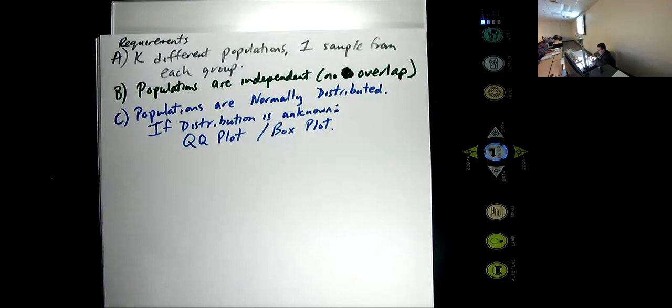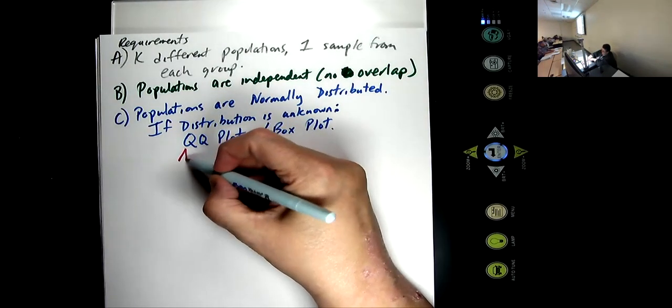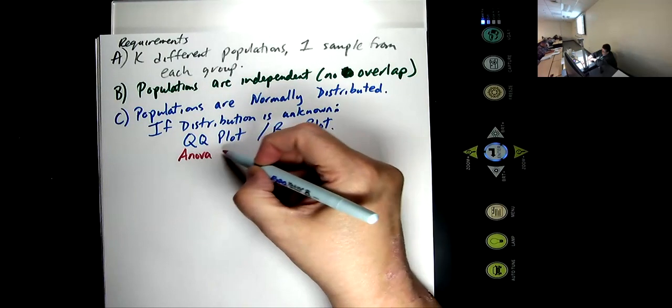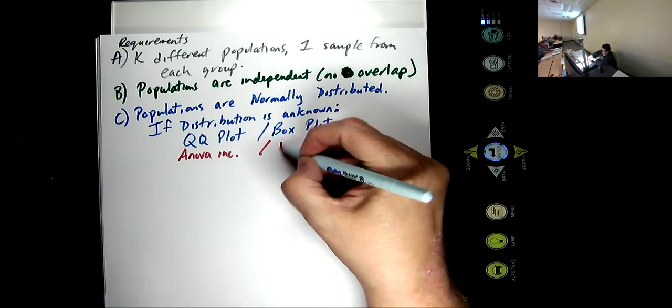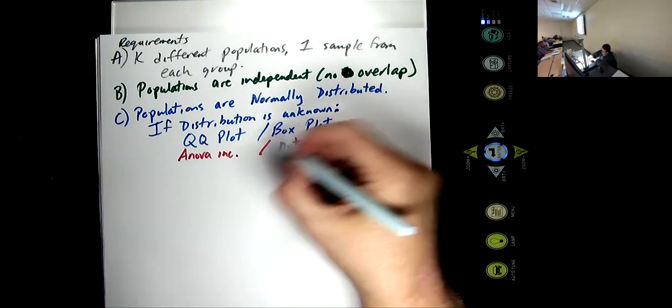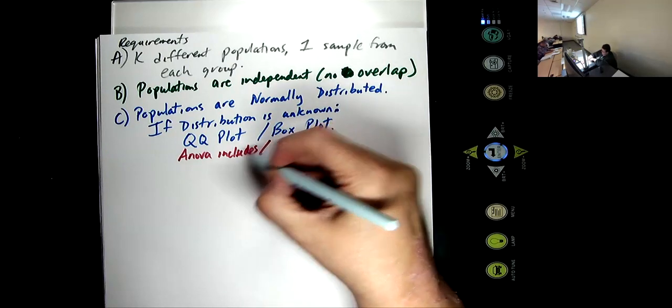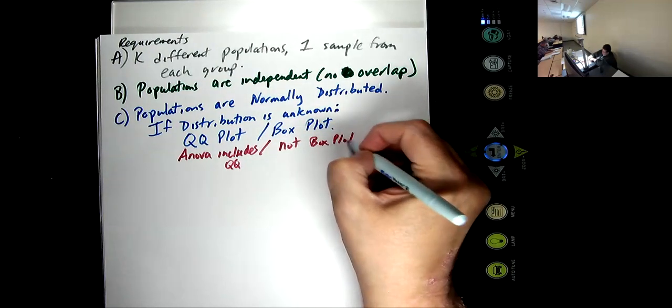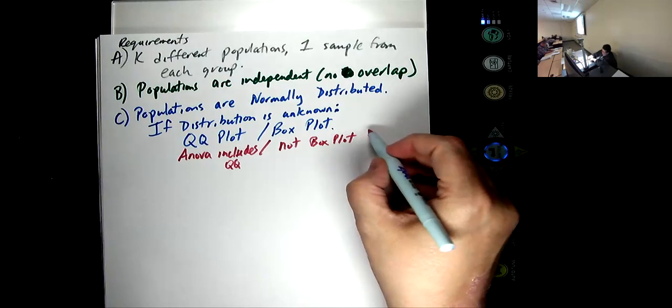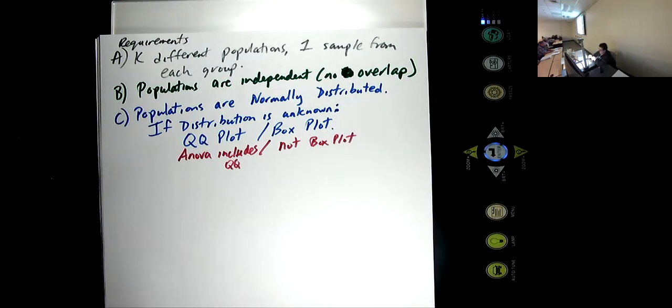Now, the ANOVA test has an option to include this. ANOVA includes the QQ plot, but not the box plot. So you've got to run the box plot separately. You want to do the box plot for outliers, of course.